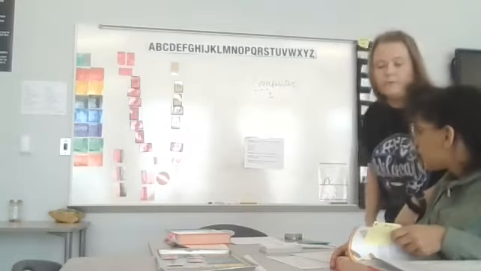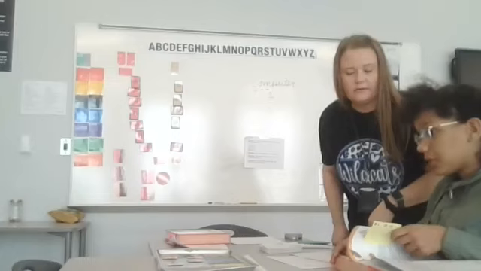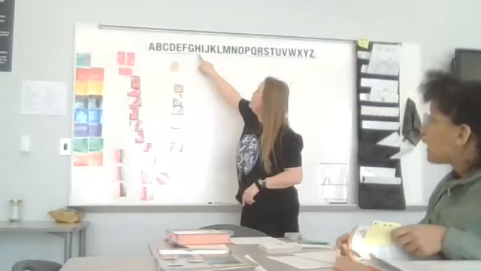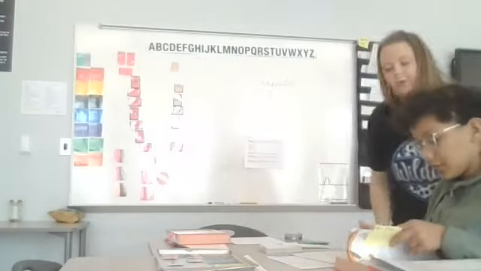So does C-O come before or after C-H? After. Okay, so we have C and we have O. Does O come before or after H? After. So what are we going to do? Keep cornering.